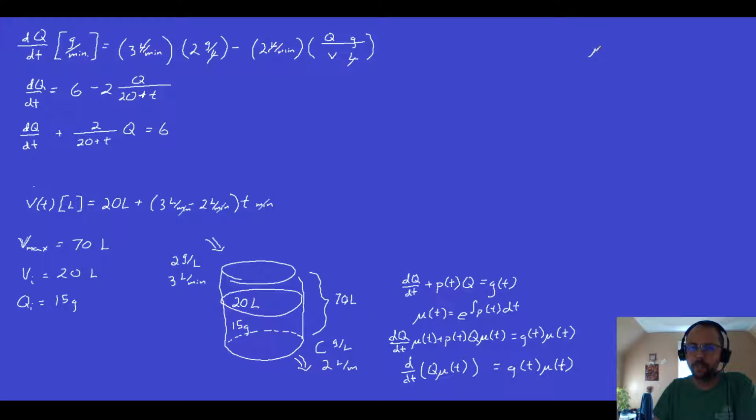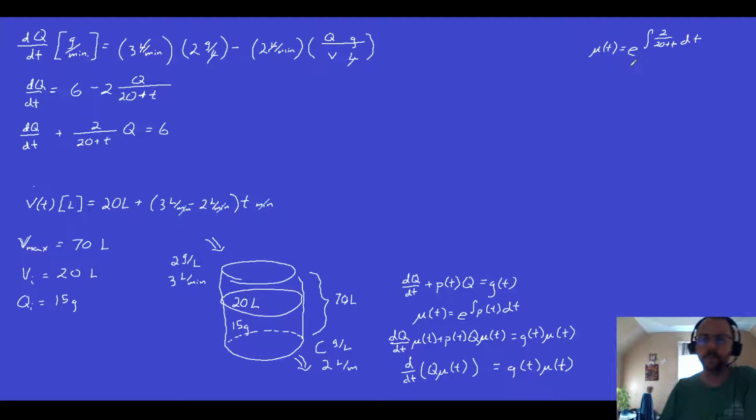So mu of t is going to be equal to e to the integral of, so p of t is this, 2 over 20 plus t dt. So let's just solve this integral.